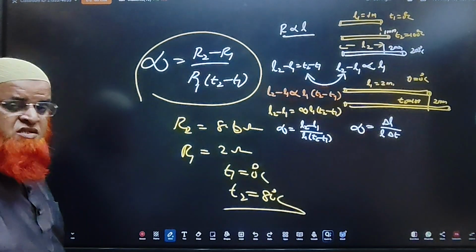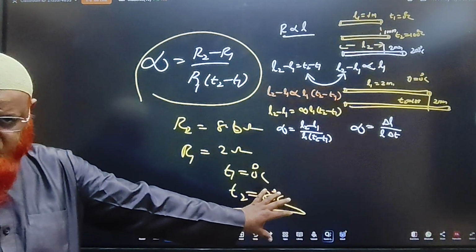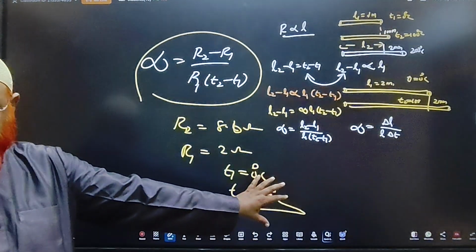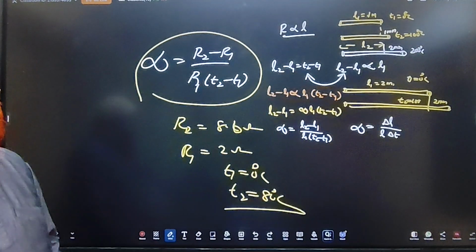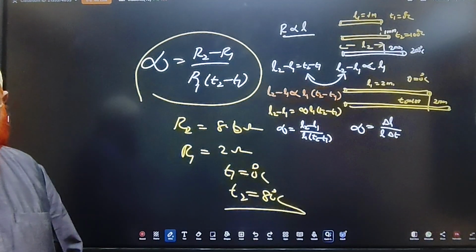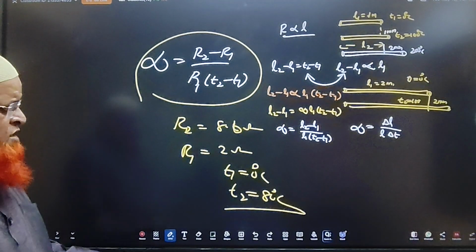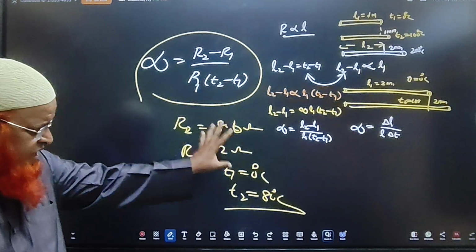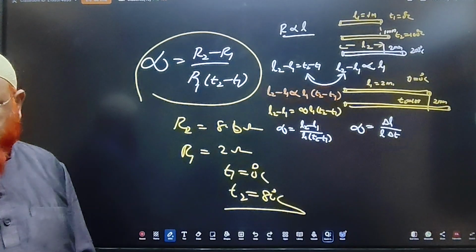This type of previous year question is asked. So these resistance values have been given, and he is asking for alpha. Take these values, substitute and get the answer.